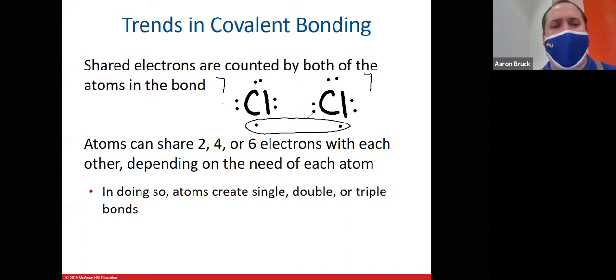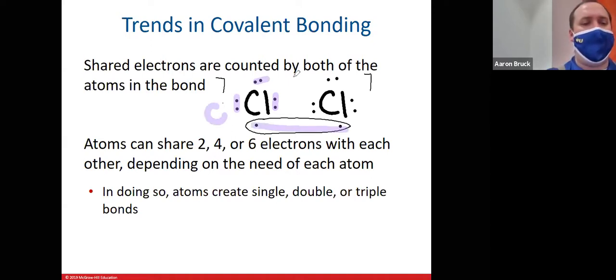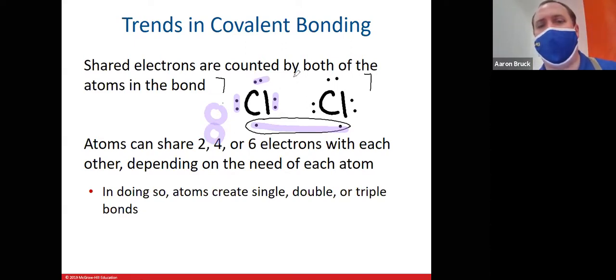what they now have are the 6 electrons that are exclusively theirs. So it'd be these 6 plus the 2 that they are sharing for a total of 8. And the same thing for the other chlorine.